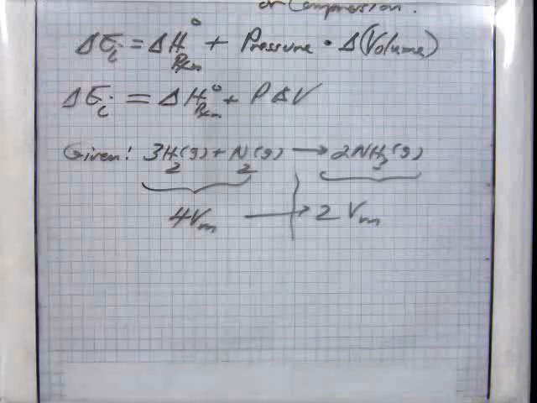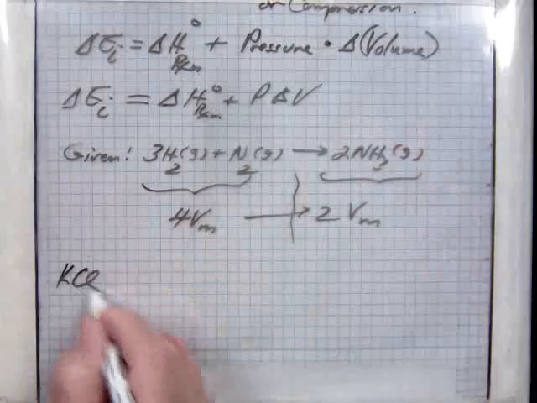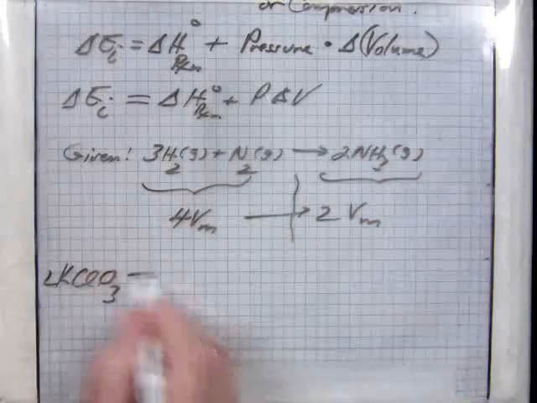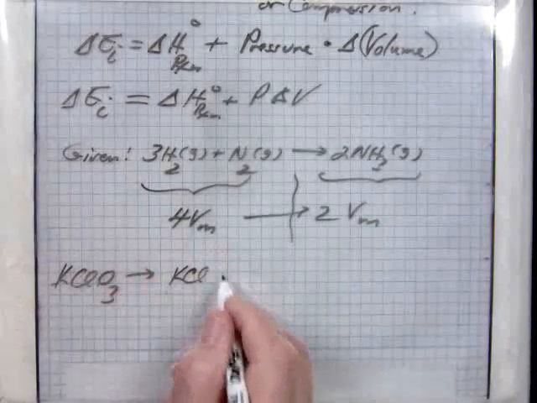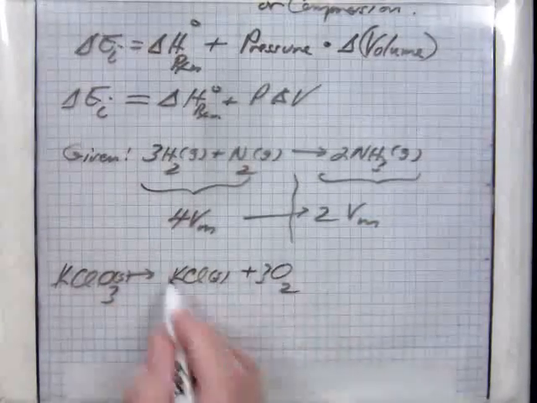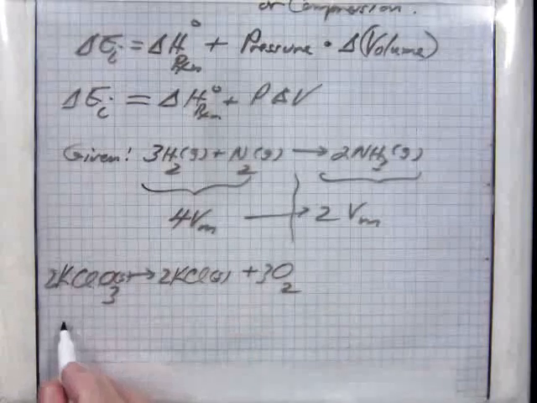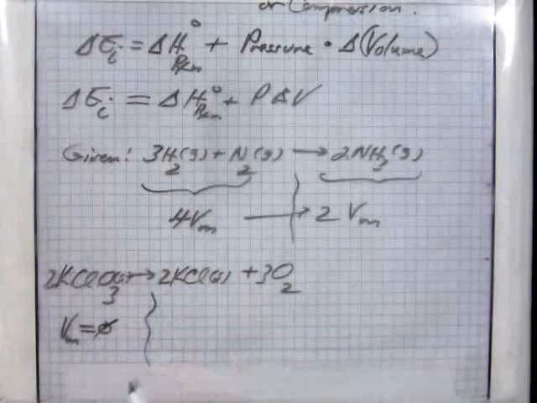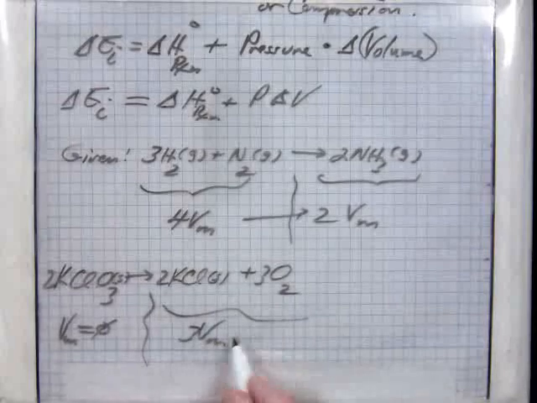Now, if it's all liquids or solids on one side, that molar volume is 0. Sometimes a solid expands into a gas. KClO3, for example, goes to KCl, both of these are solids, plus O2 gas, with coefficients 2, 2, and 3. Well, Vm is equal to 0 over here, since solid doesn't count, but you have 3 Vm over here.